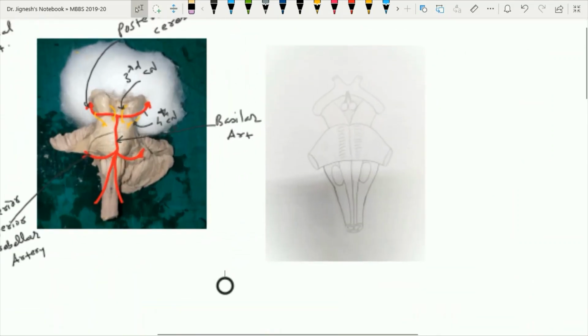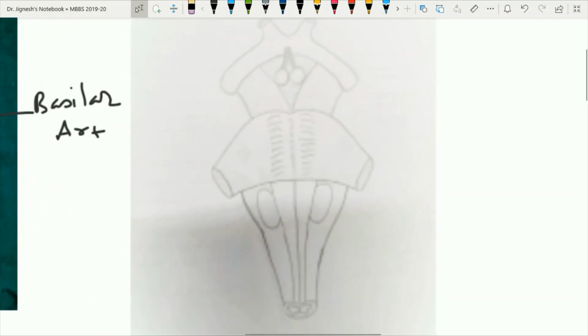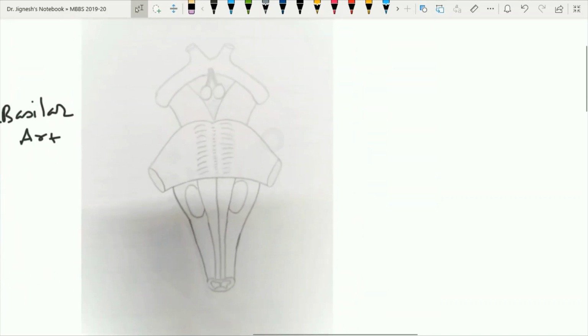Here, this is the schematic figure of the ventral aspect of the brainstem, and this area is the pons. Within this pons, the fifth cranial nerve is going to arise as two roots. One is the motor root, which is medially situated, and one is the sensory root, which is larger and laterally situated.